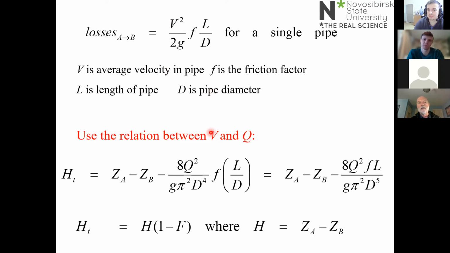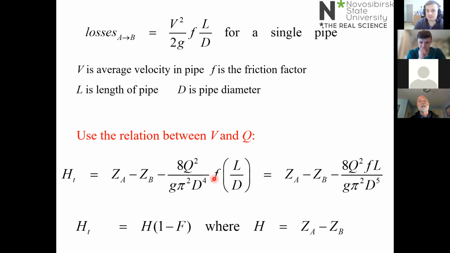And if we use the relationship between the velocity and the flow rate, that if we're interested in the average velocity, then the average velocity times the flow area in the pipe is equal to the volume flow rate, then we get a very simple expression for the total head that's available to the turbine. It is simply, again, the difference in elevation minus the friction losses.